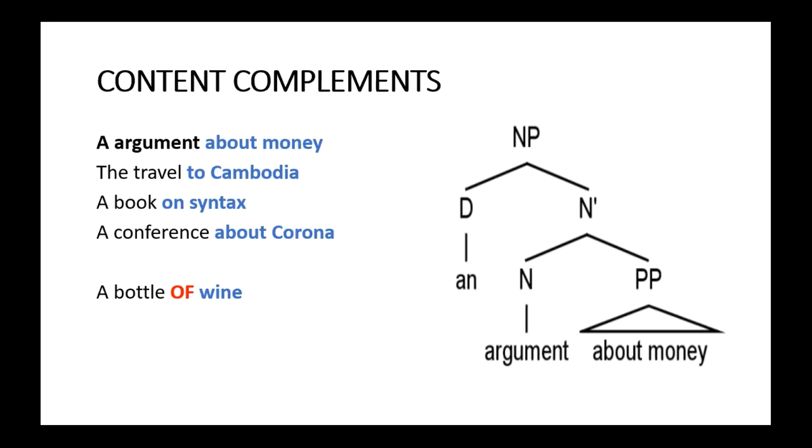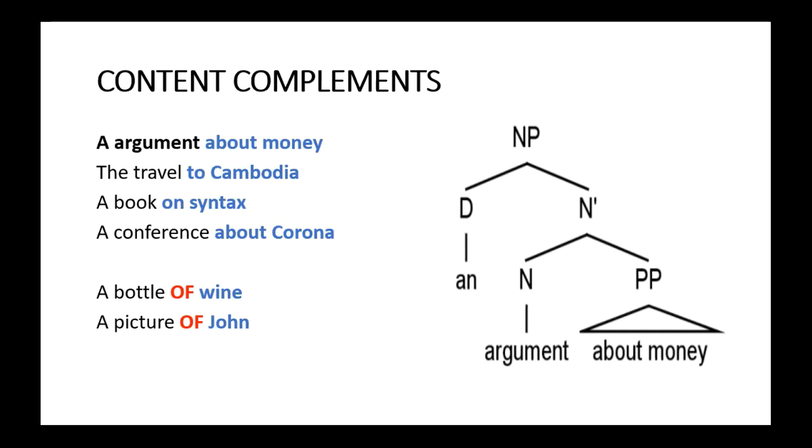Now, notice that I can also have something like a bottle of wine. Wine, in this case, is the content of the bottle. The bottle has wine inside. So in this case, this is also going to be a complement. Now, in this case, we have of, but remember that of, in this case, is going to be inserted. And if I say a picture of John, now in this case, John appears in the picture.